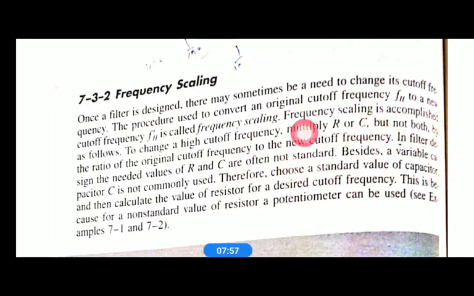Usually, in most designs, we select a fixed standard value of C, and we use R as a potentiometer, so we can easily adjust R. Adjusting C is not possible since we are not using a variable capacitor, or it is very complex. Most capacitors available in the market are standard values only, and even resistors are standard values.